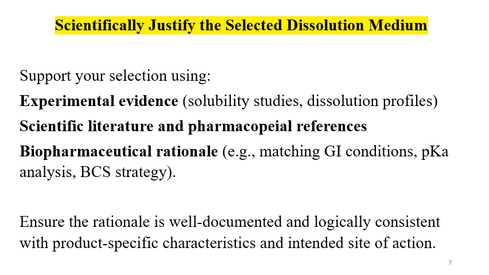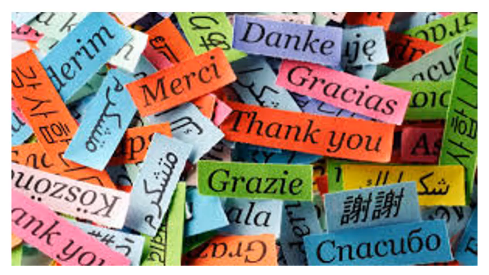So if the formulation is enteric coated, we should show its dissolution in the basic pH and it should not release in the acidic pH. Similarly, for immediate release drug products containing highly soluble drug substances, we should check the dissolution in acidic pH considering 0.1 normal HCl.